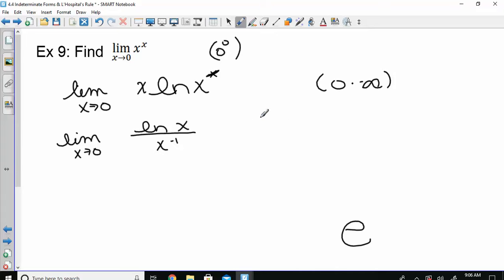So now, as we're approaching 0, really I should have from the right because you can only do it one way here. The top is going to negative infinity, the bottom is going to infinity. So is this still indeterminate form? But now we can do L'Hopital.